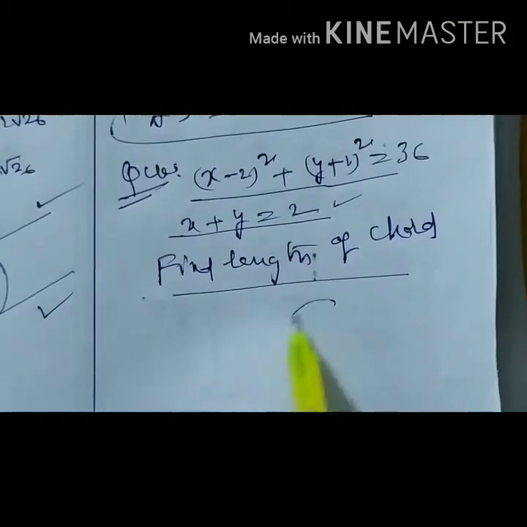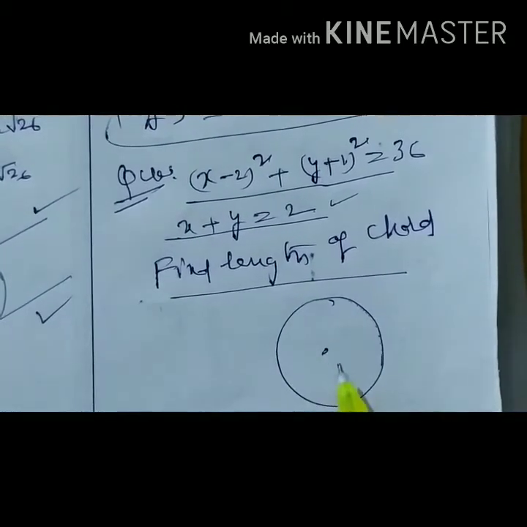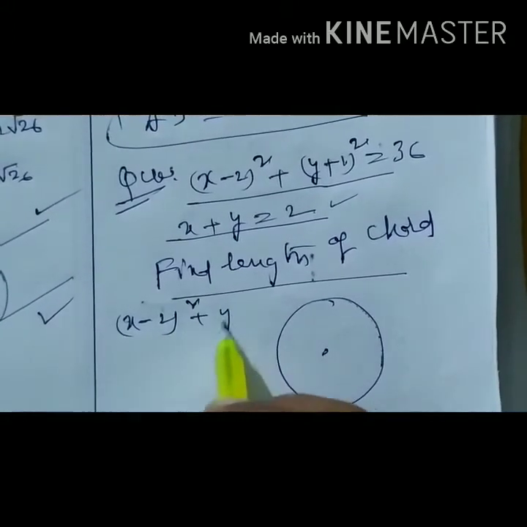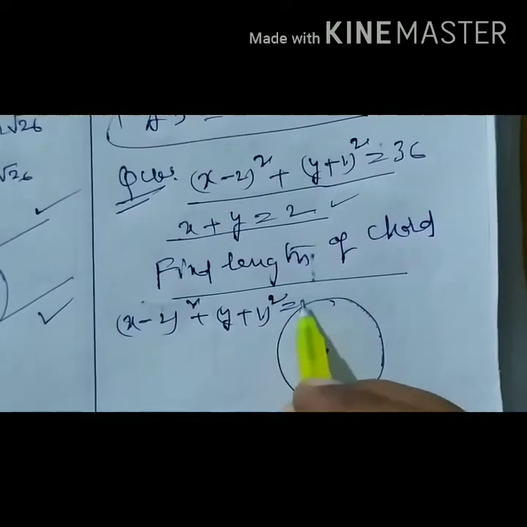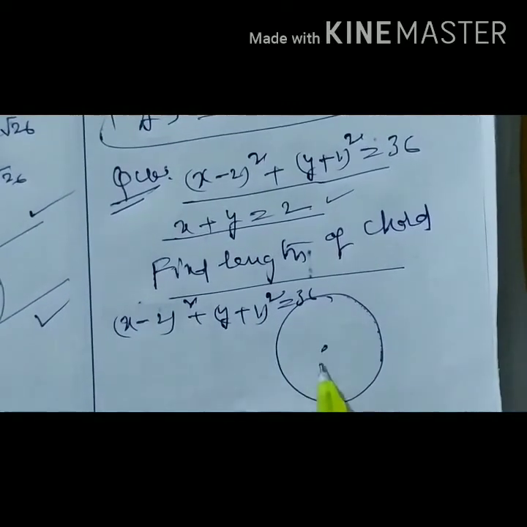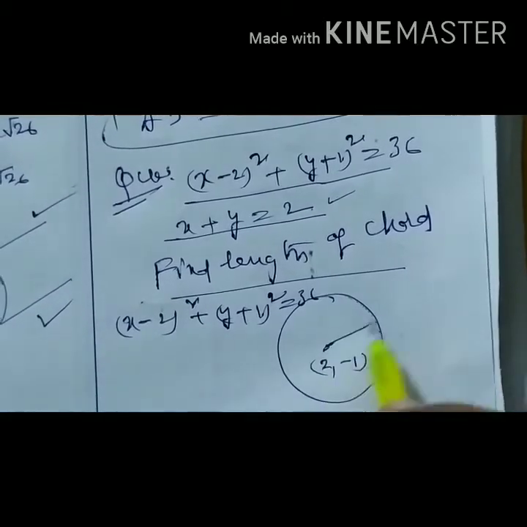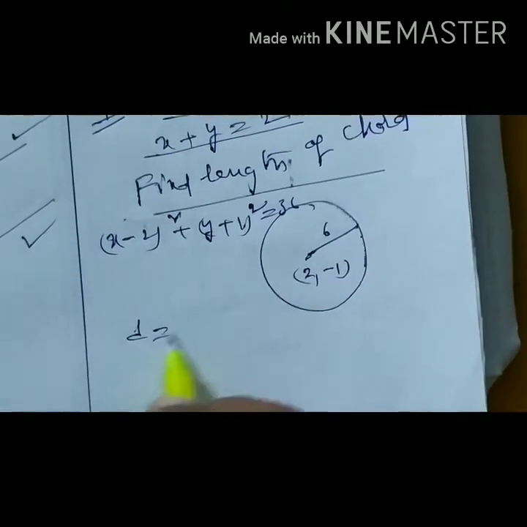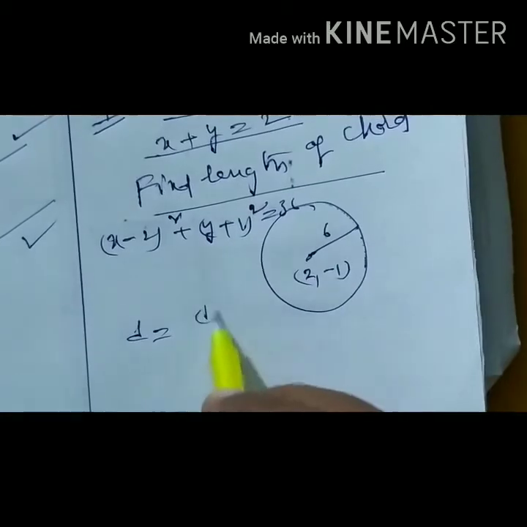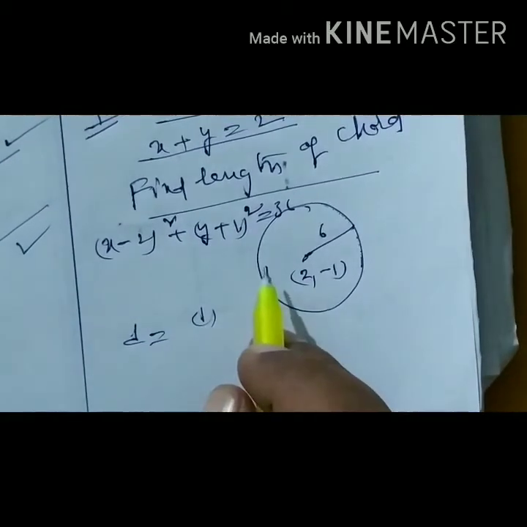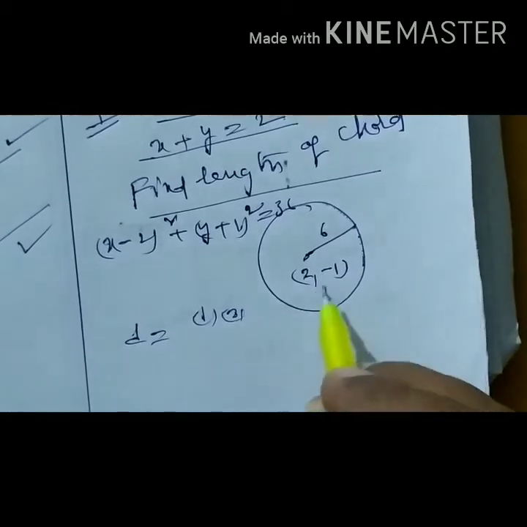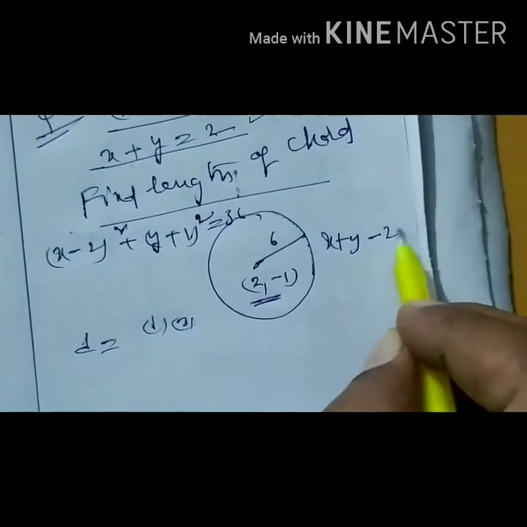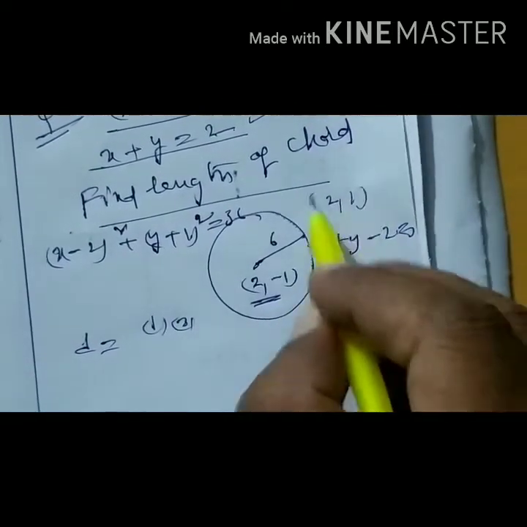From the given circle (x minus 2) whole square plus (y plus 1) whole square is equal to 36, the center is (2, minus 1) and the radius is 6. The perpendicular distance is from the center to the line x plus y minus 2 is equal to 0, where (2, minus 1) is the point.